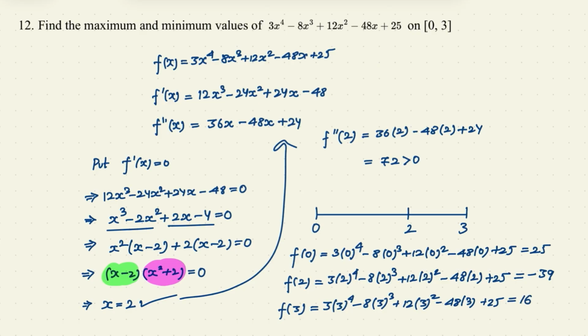Okay, now out of all these values I am getting the minimum value of the function as minus 39, because my x equals 2 was the point of local minimum, and the maximum value I am getting is 25 at x equals 0. So these were my minimum and maximum values.